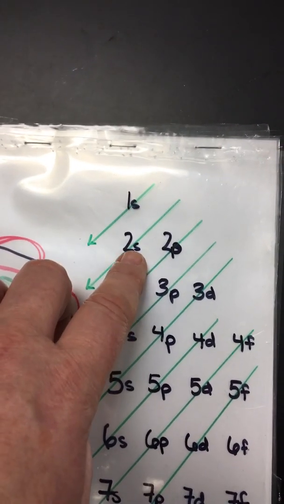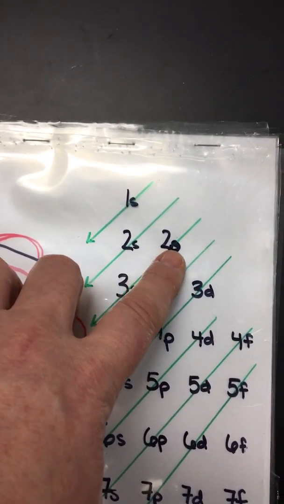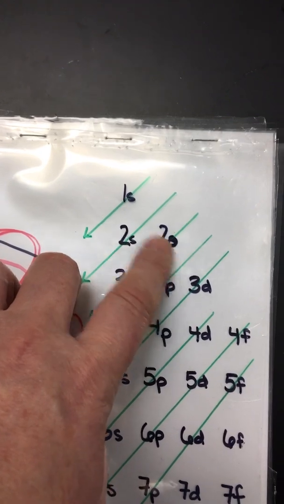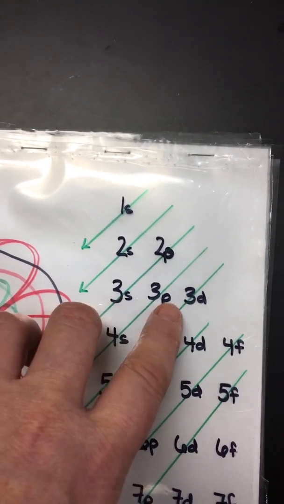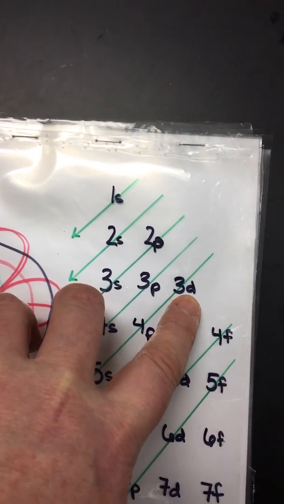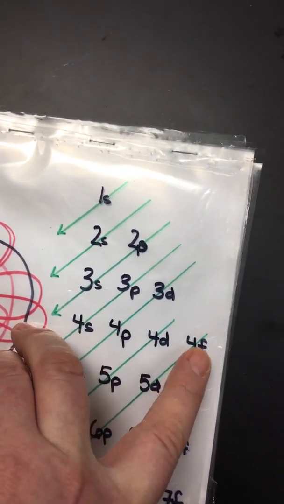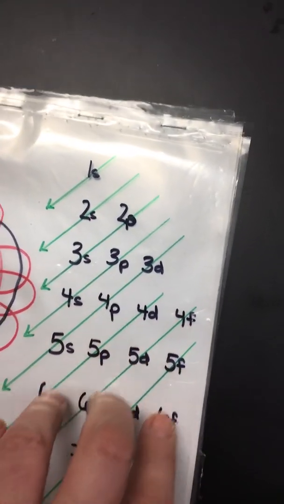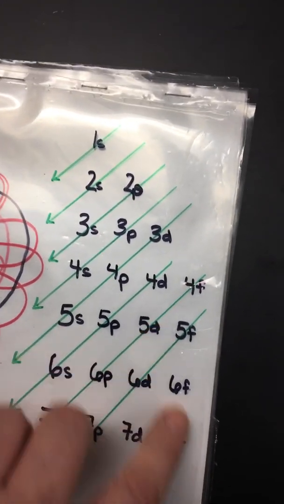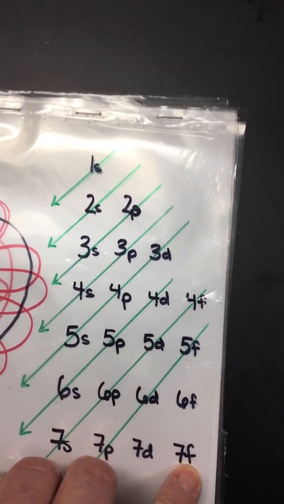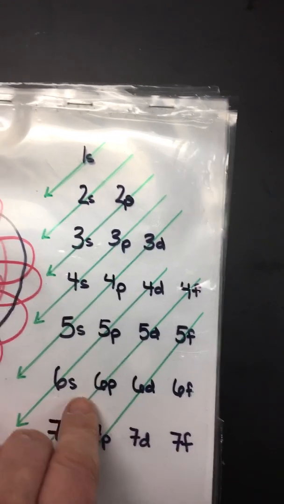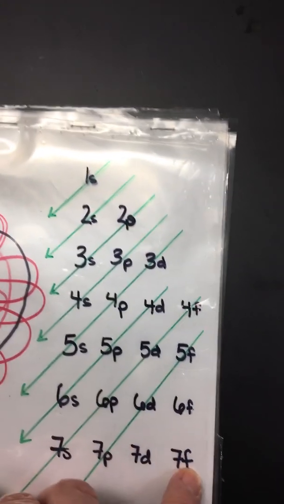The second energy level has an S sublevel and a P sublevel, so it has 2 sublevels. The third energy level has an S, a P, and a D sublevel. The 4th energy level has an S, a P, a D, and an F sublevel. That's the weird shape we don't name, and then it never goes past that. So it never goes past the F's. So for the rest of your energy levels, you can just put SPDF, SPDF, SPDF.